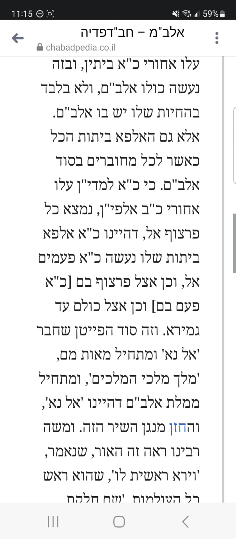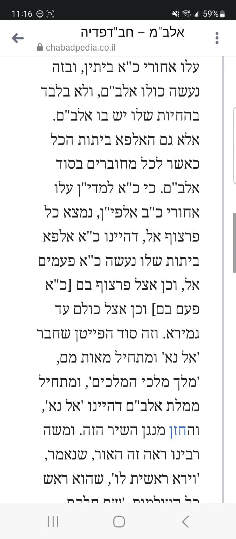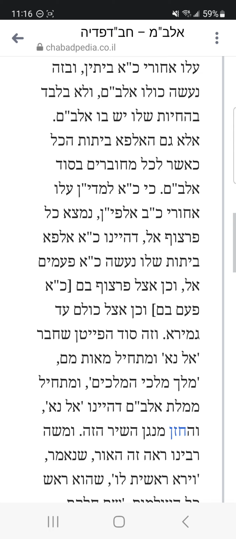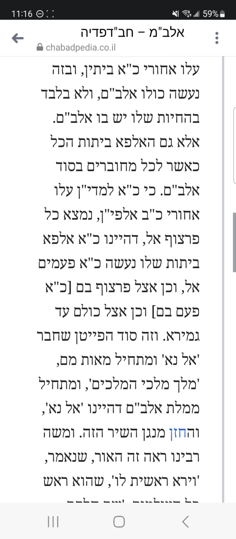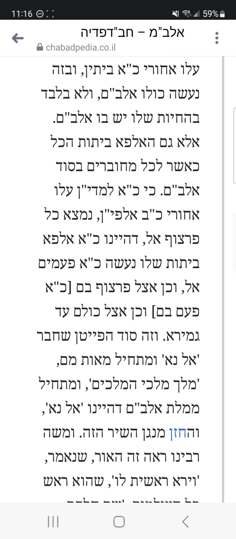And not only that, not only does it have this Albam with 21 Aleph Beis, but rather also the Aleph Beis, all of them, are connected with the secret of Albam.